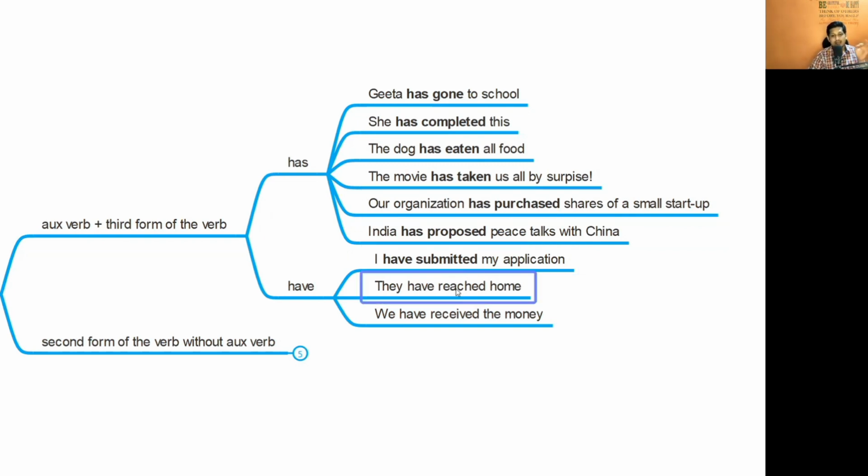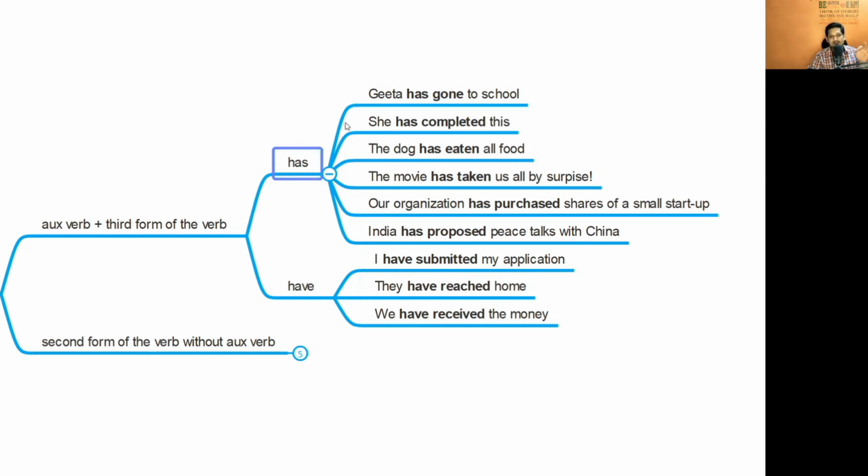Okay. They have reached home, right? Have plus the third form of the verb. We have received the money. Have plus third form of the verb. Yeah, you're getting the point. Now, of course, you cannot say I has submitted or they has reached, we has received. That would be an incorrect usage of the auxiliary verb.